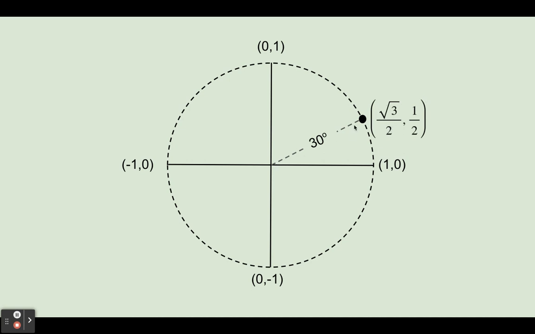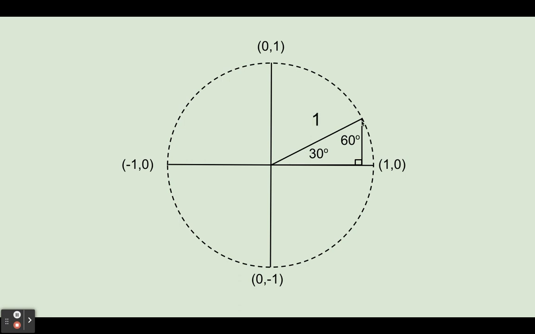Well, this is a 30-degree line, which means I can do a 30-degree right triangle. If it's a 30-degree right triangle, then I know the other angle is 60. Now I have 30, 60, 90. I have two versions of this special right triangle, and I want the version such that the hypotenuse is 1.